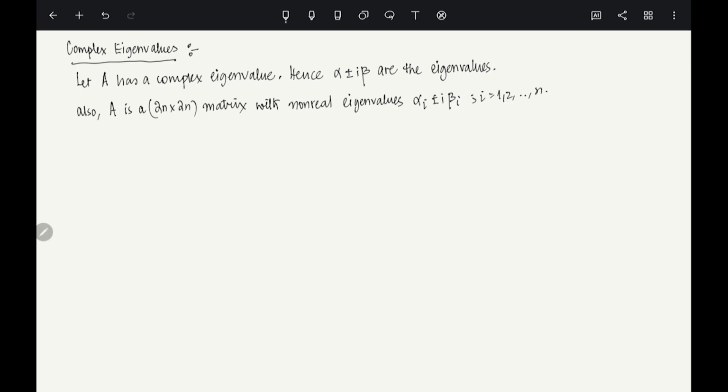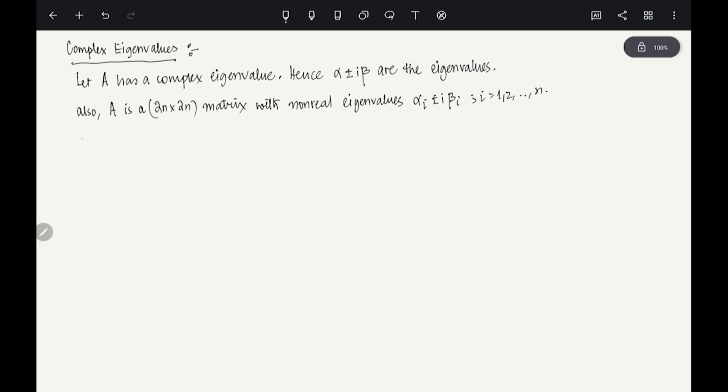And we want to see what happens then. So first of all, these are complex eigenvalues, so can we also have associated eigenvectors?